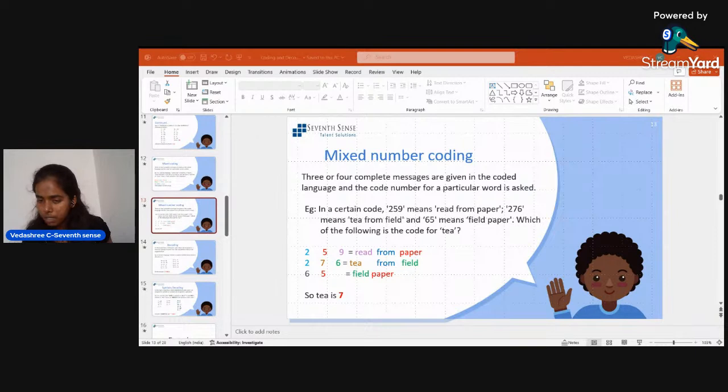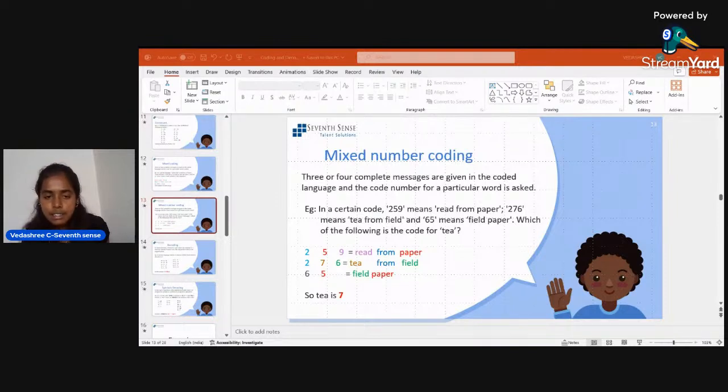From is common, right? Next, 259 and 276. Coming to the code, what is common? In this, 2 is common. That is why we are assigning this 2 to from. The common word is from, the common code is 2. So we are assigning 2 to from and the remaining is the same.